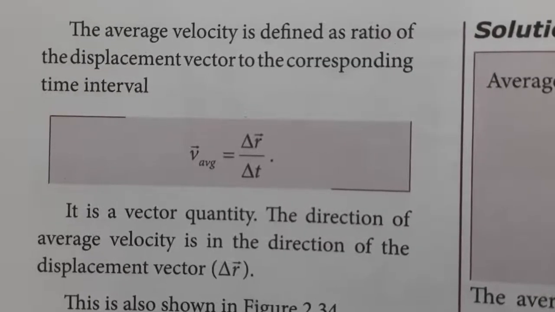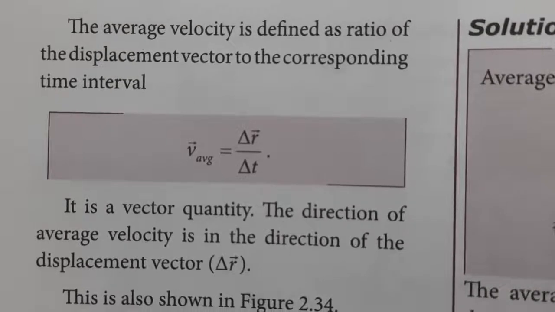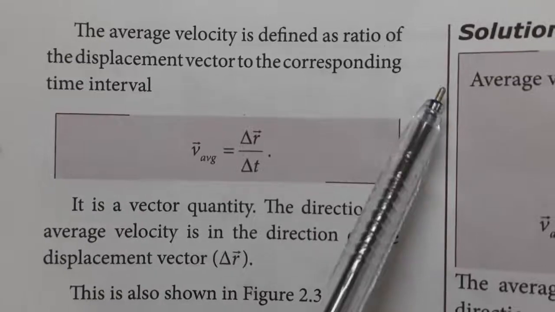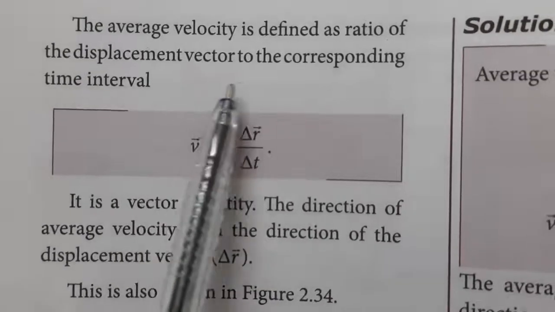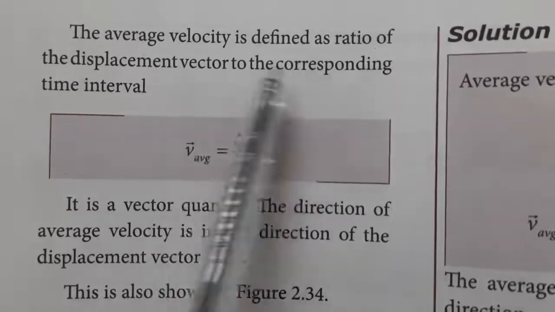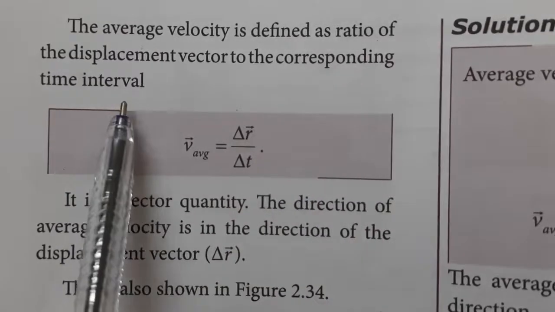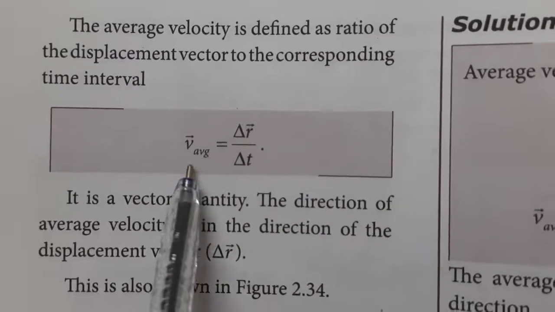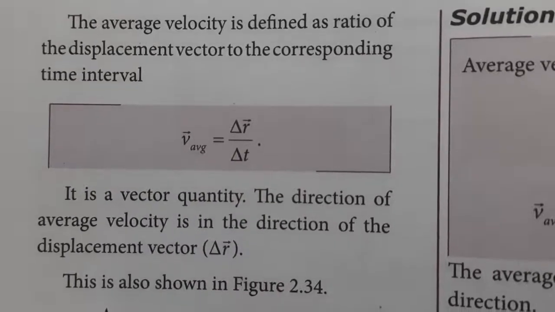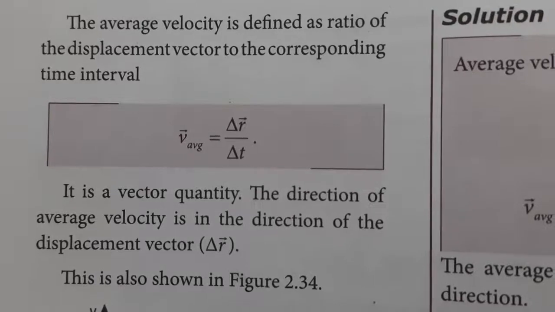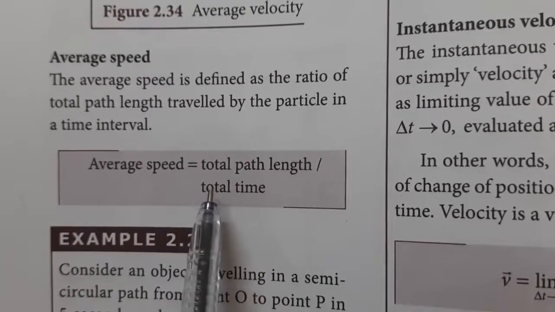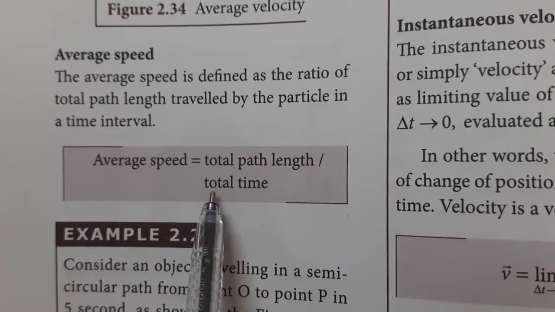Also, I have discussed average velocity. What is average velocity? Average velocity is defined as the ratio of the displacement vector to the corresponding time interval, that is, V average is equal to delta r by delta t. This is a vector quantity. And average speed is equal to total path length divided by total time.